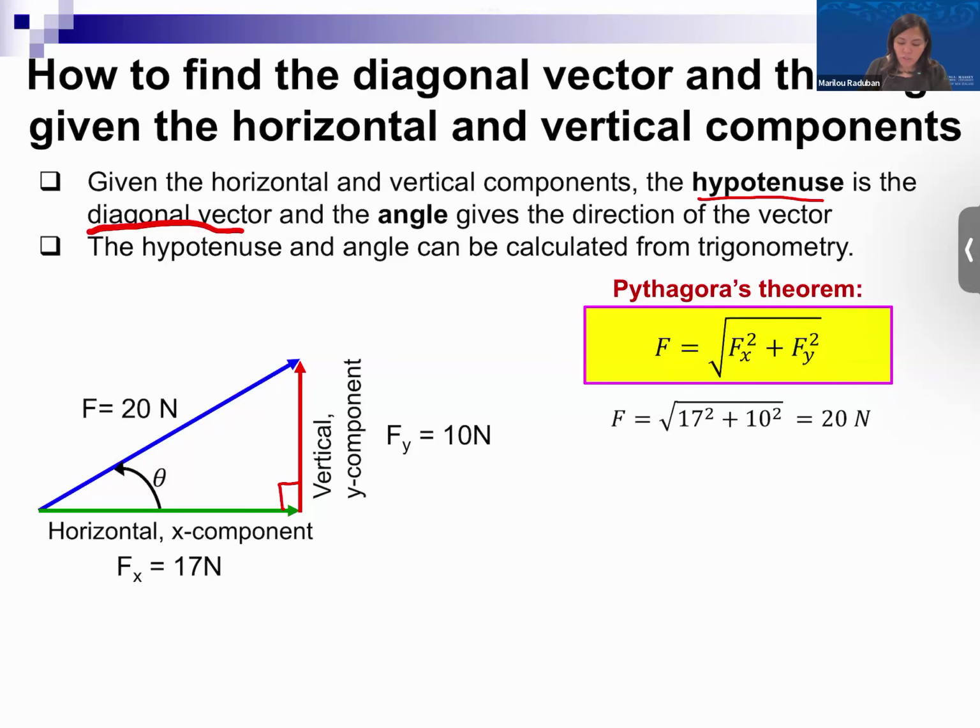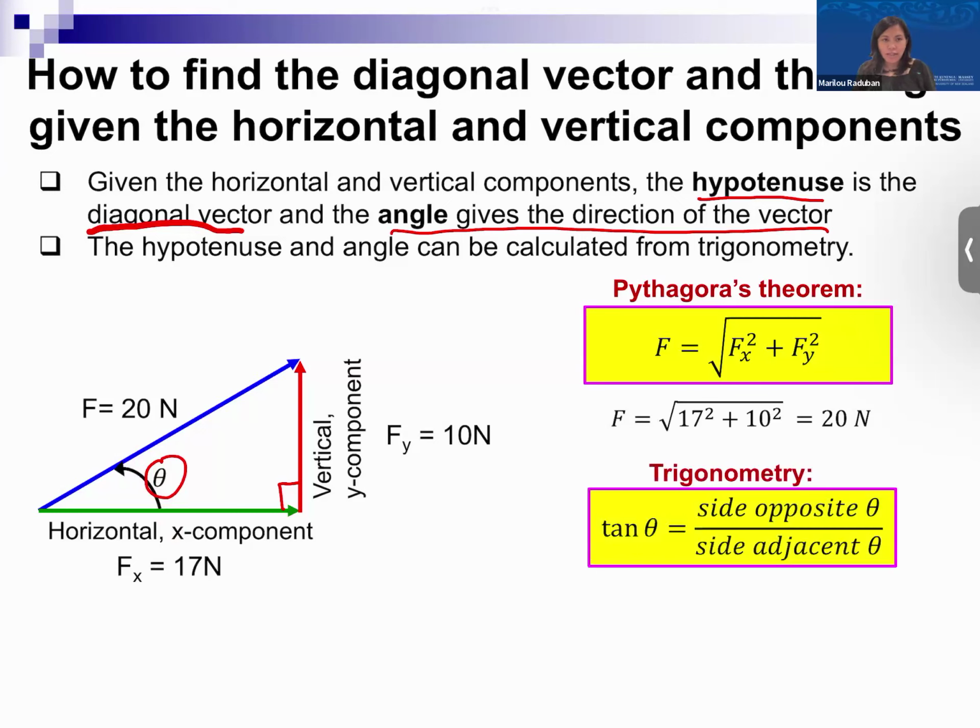Now for the direction, we need to calculate this angle here. The angle is usually measured from the horizontal or x component. Okay, to calculate the angle, we use the trigonometric identity, which says the tangent of the angle is equal to the side opposite the angle divided by the side adjacent the angle.